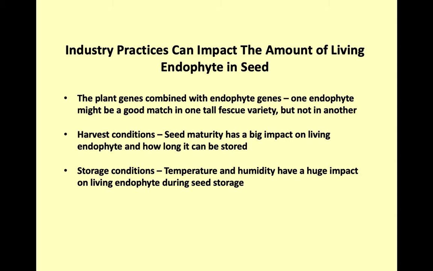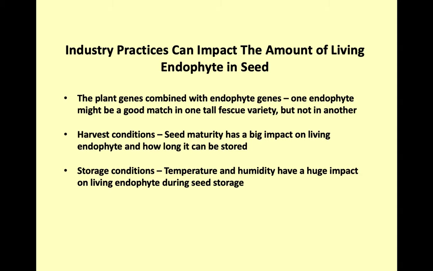Okay, and all the products that you're going to hear about today, they've gone through the process of selection and making sure that the endophytes that are in their tall fescue varieties do pass to the next generation. Okay, so it's kind of a selection process.